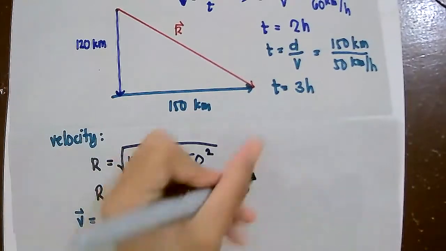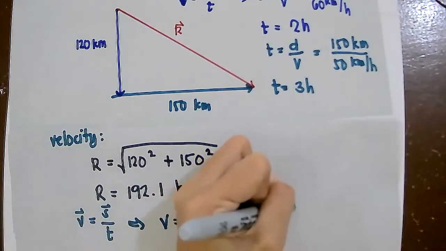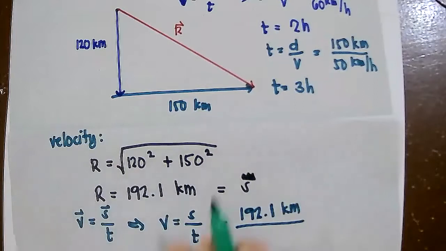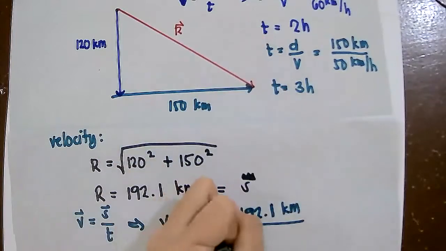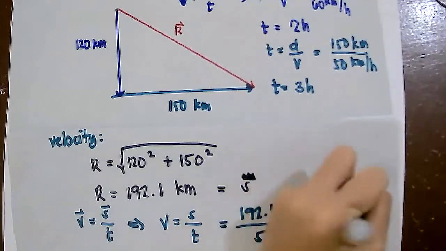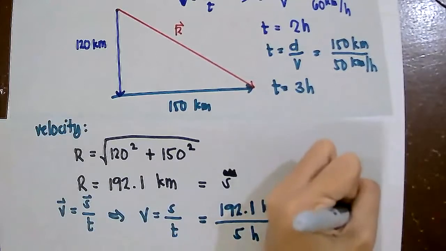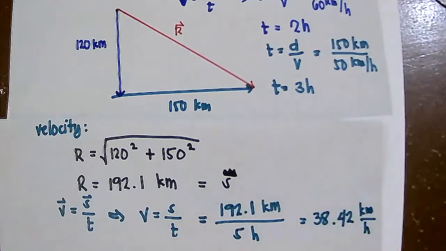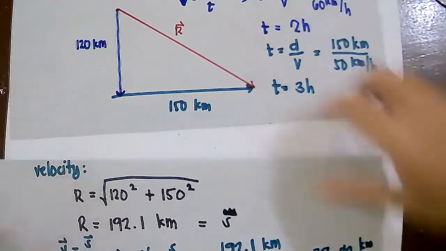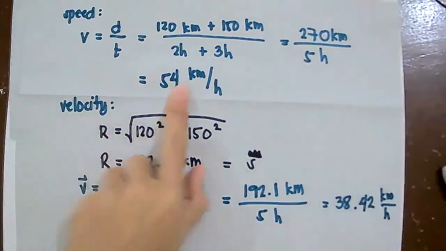So you substitute 192.1 kilometers divided by your time, that's 3 plus 2, 5 hours. Now 192.1 divided by 5, you will have 38.42 kilometers per hour. So this is now your velocity. Tapos kanina, si speed natin is 54.